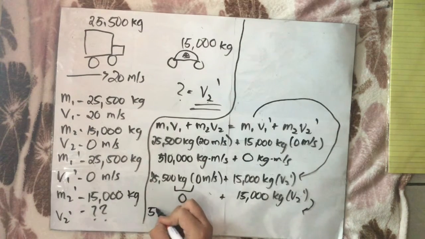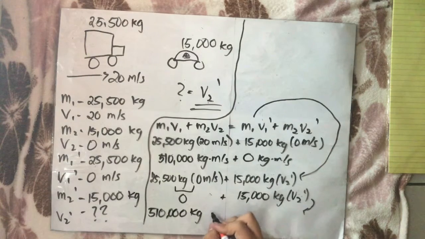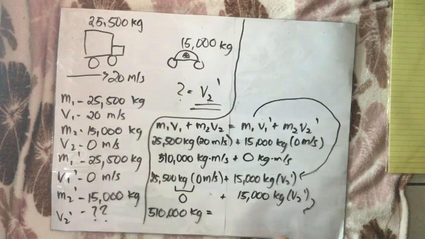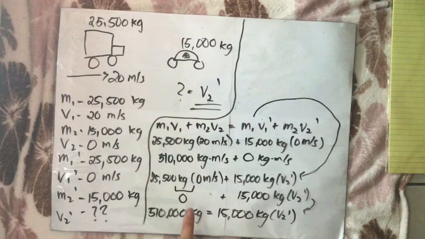So 510,000 kilogram meters per second is equal to 15,000 kilograms V2 after. We will not include the zeros because they have no value.